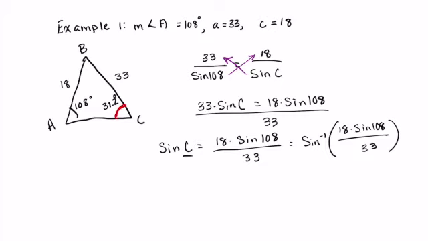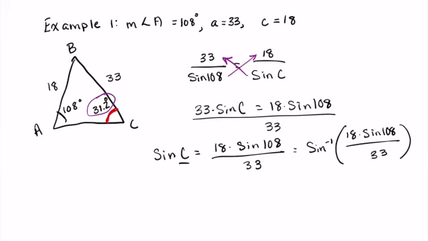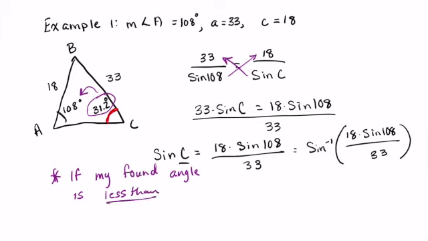Now, this is where it gets really important. When I get out my angle, if this angle that I got is less than that original given angle, so I'm going to write this out: if my found angle is less than my original given angle, only one triangle exists.